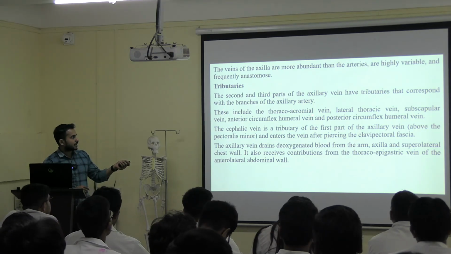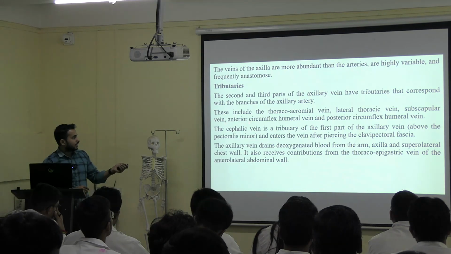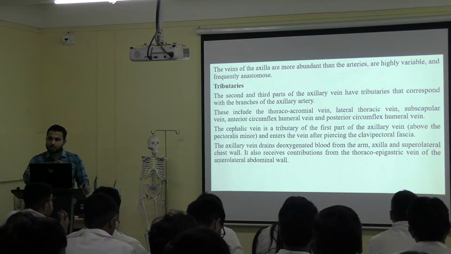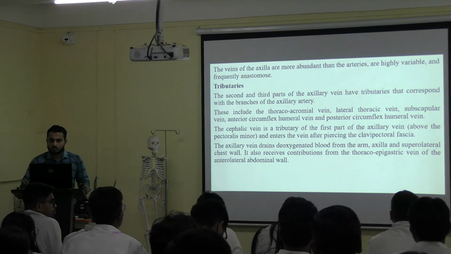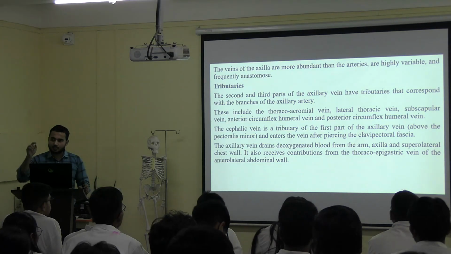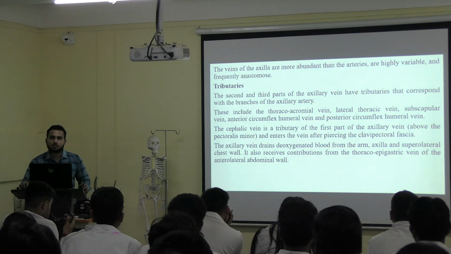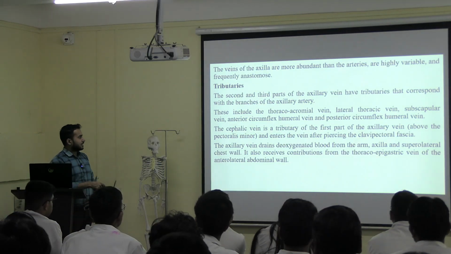For example, thoracoacromial vein, lateral thoracic vein, subscapular vein, anterior circumflex and posterior circumflex humeral veins. Okay, these are the tributaries. If you see these tributaries, these are similar to the arteries. That means the same branches that the artery gives, we get as tributaries for the axillary vein.